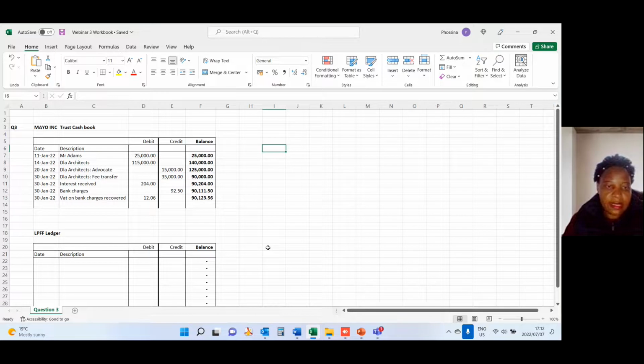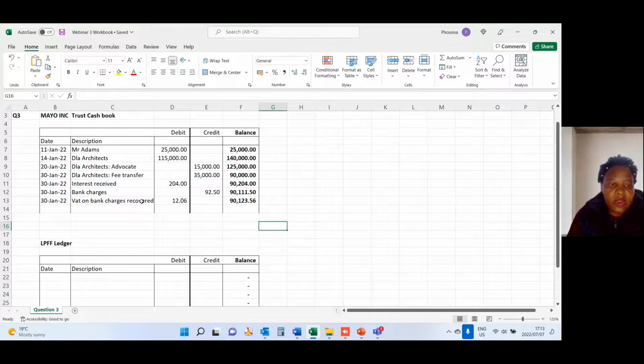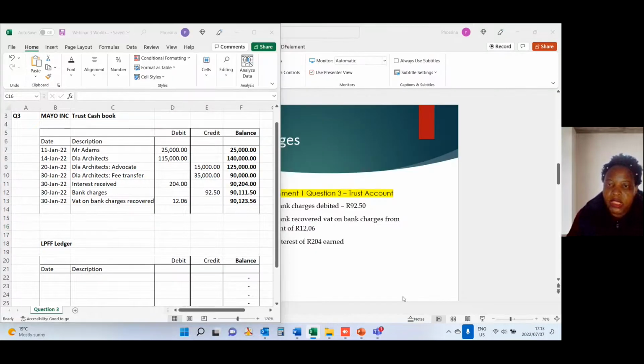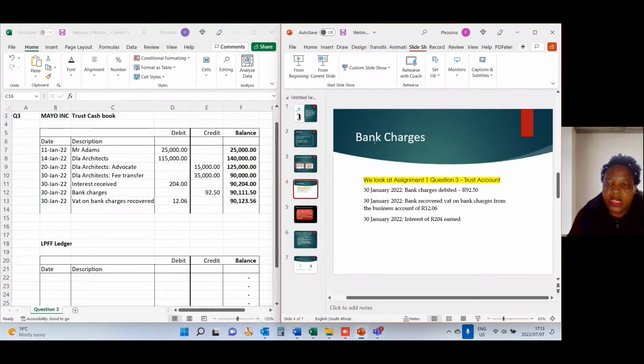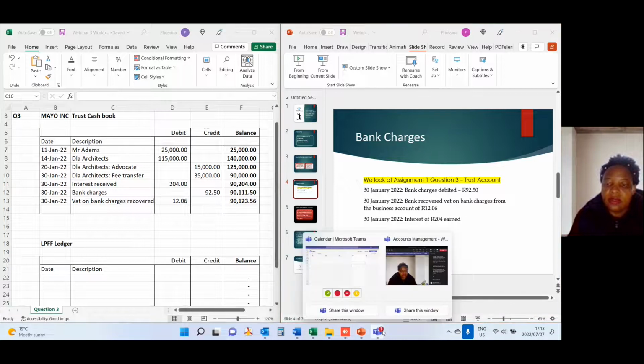So what I have basically done is that we answered this question as part of our lesson 1. As part of assignment 1, we have answered question 3, but we only ended up on the trust cash book. And on the trust cash book, I will put these two side by side like that, so that you are able to see the questions that we are asking.